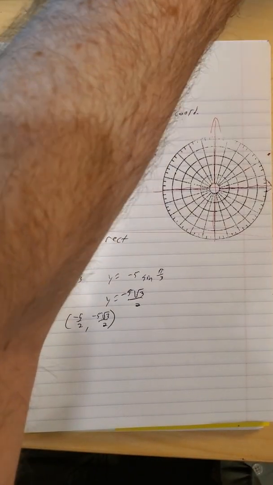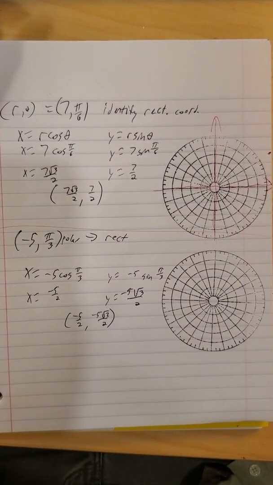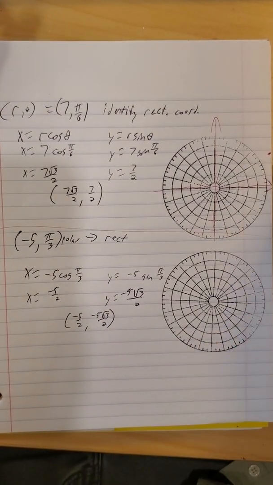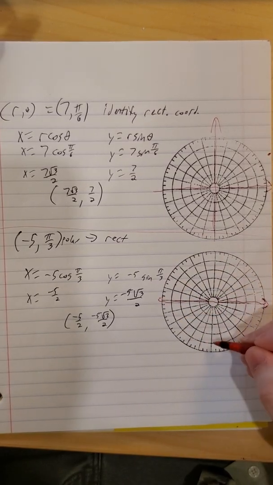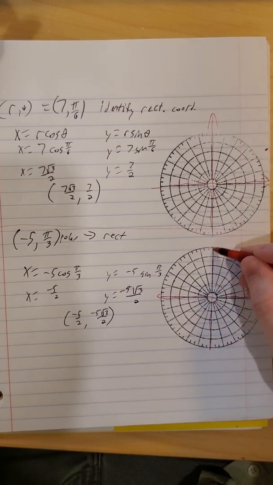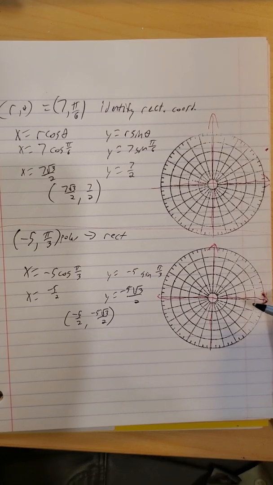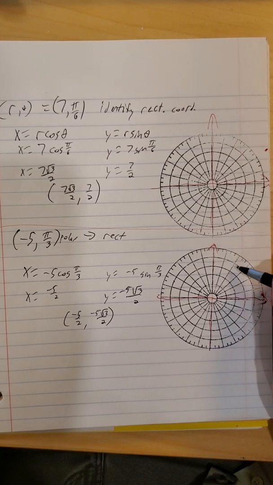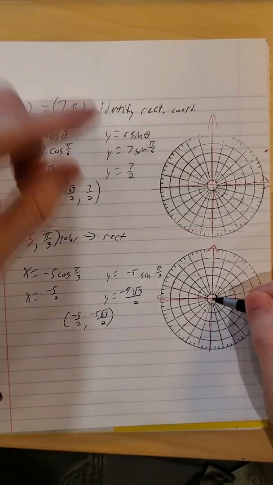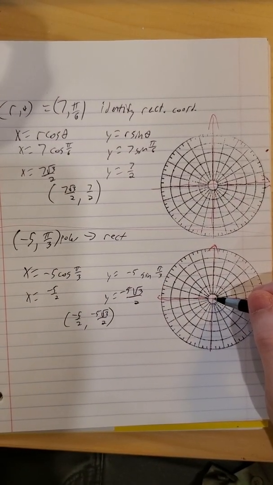And if you look at just a quick rough sketch again, you can see how that makes sense, that we end up in Q3. So pi over 3, so 60 degrees. So here's 30, 45, 60. And a radius of negative 5 basically means instead of going up and to the right, we're going down and to the left.